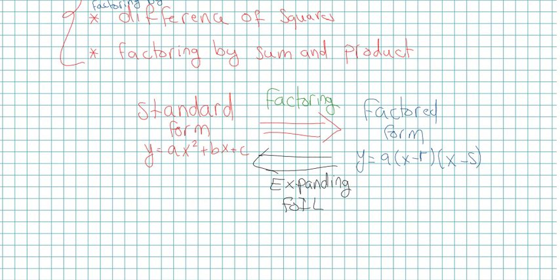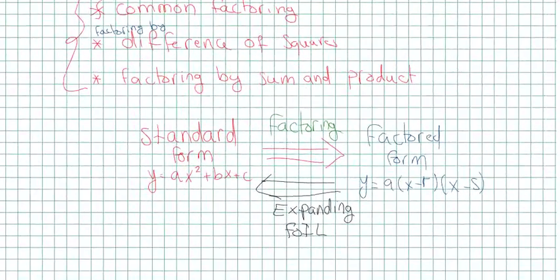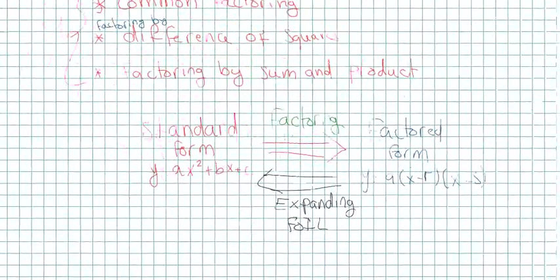Okay? Now, with respect to the three forms of factoring, what would be common factoring? What's common factoring for that? Factoring the greatest common factor. So factoring a number or a term that can be divisible by all terms. Okay?